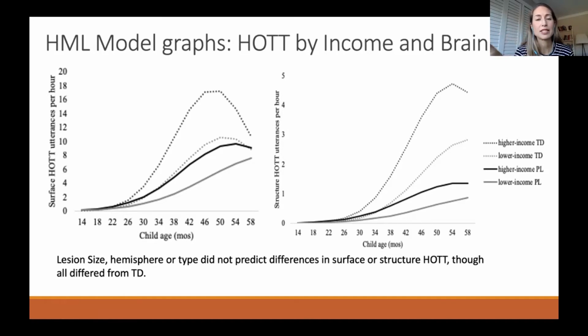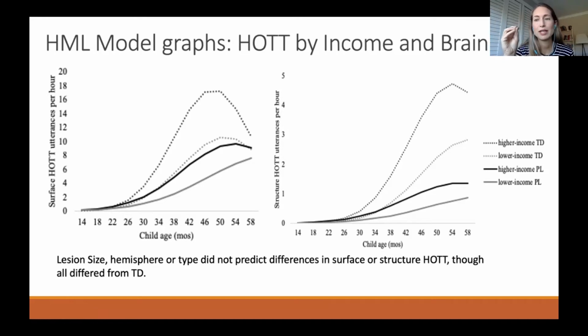What we see are these overall patterns such that income made a big difference. And we know there are a lot of general findings showing higher language inputs in higher income families. And we find that here. We don't see differences in the other one by parent education or parent IQ typically.